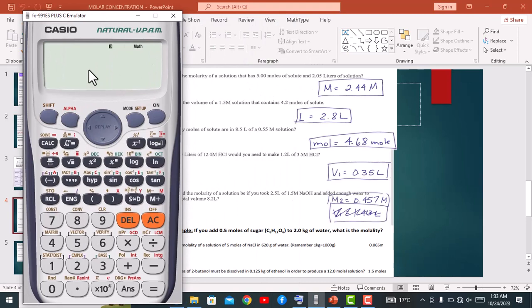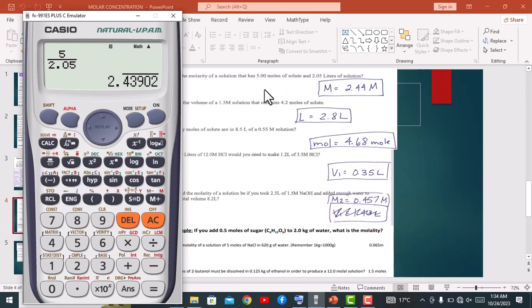We know that the molar concentration of a solution is equal to the number of moles that are provided to us, which is 5, and we divide that by the liters of the solvent, which is 2.05, and when we press equals, we get 2.44 there. So this concentration is measured in moles per liter, or you can just say molarity with a capital M. So that was just a direct thing.